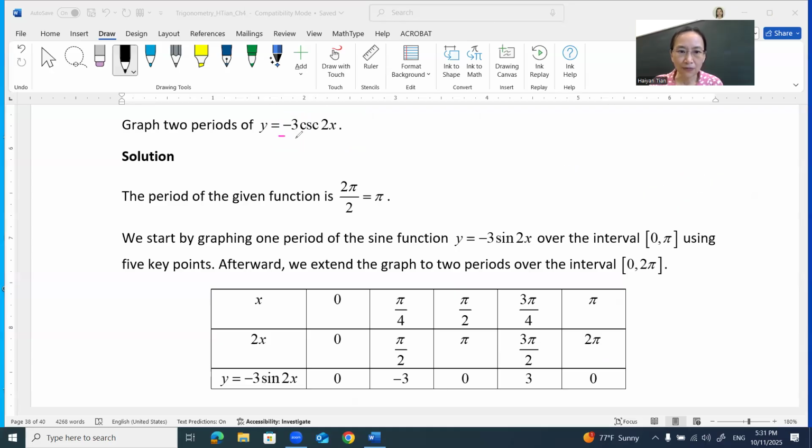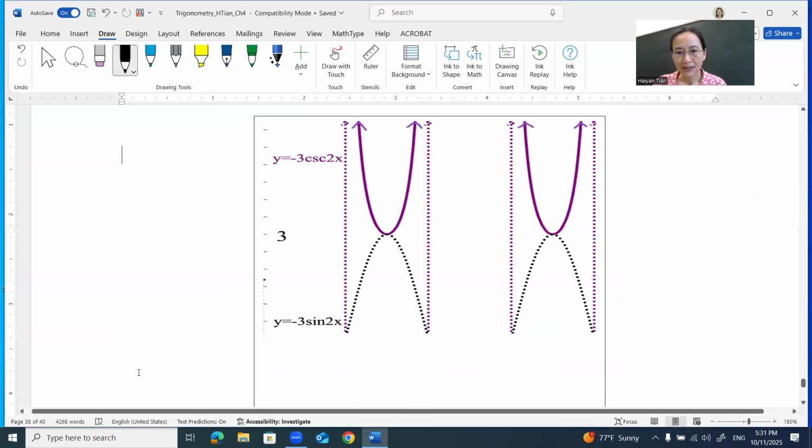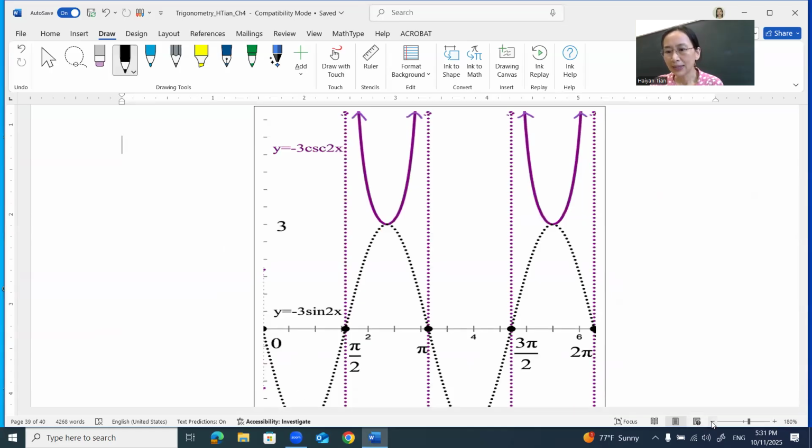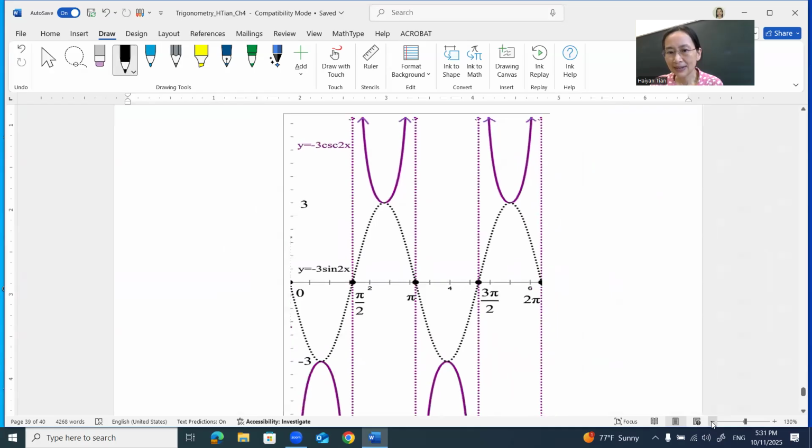So how do I get from -3 sine 2x to the graph of this function? So let's use our technique first.